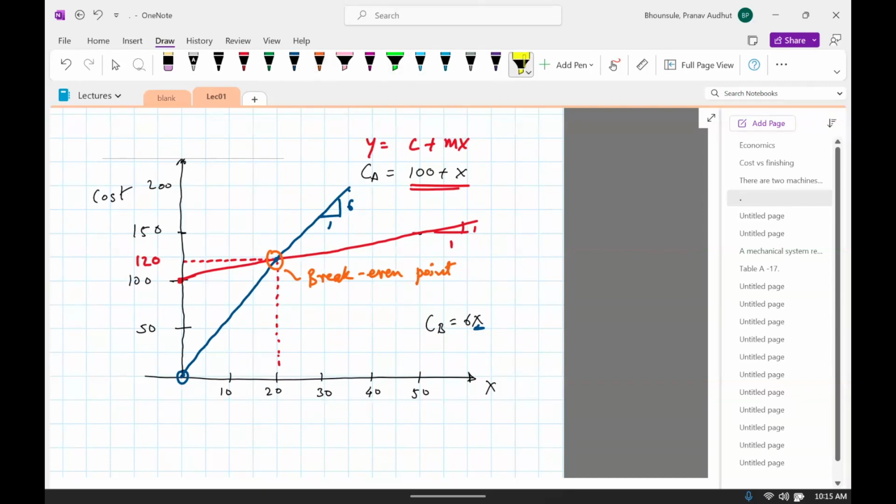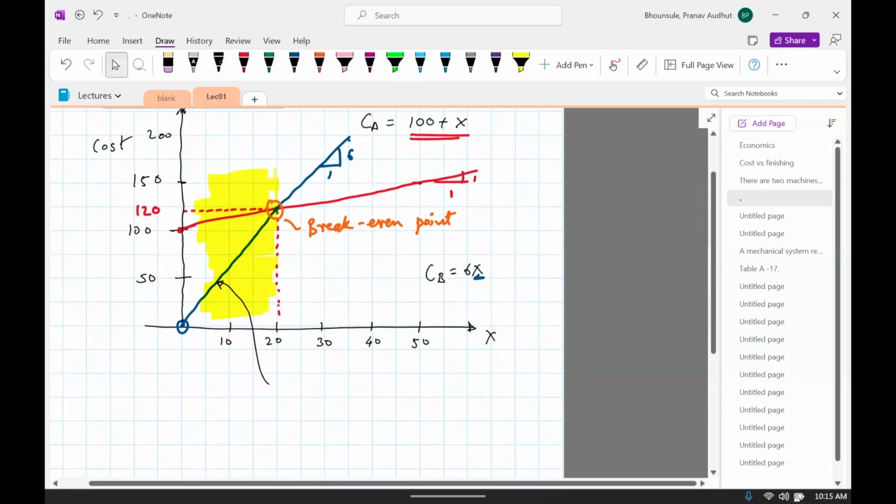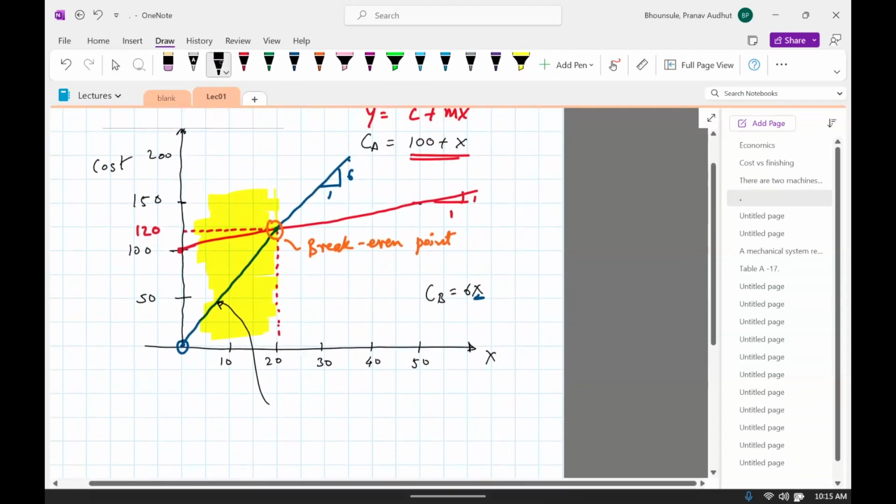In this region, anything which is less than 120, so 20 parts, you can see that the y coordinate of this line is less than the y coordinate of the red line.